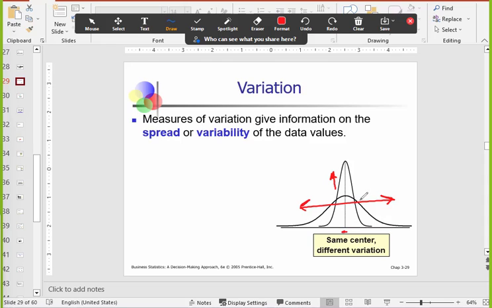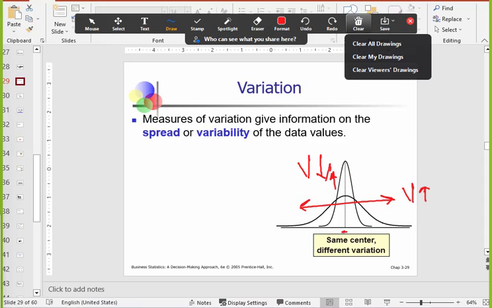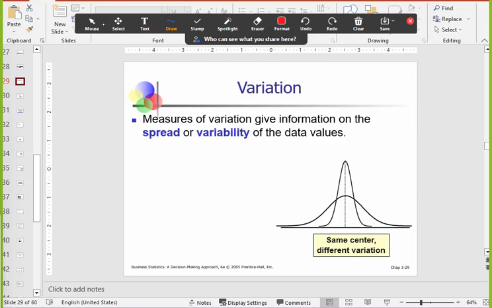So data which has high width will have high variation. The data which has a high peak will have low variation. So this way we describe the variation in the data. The shape will determine the variation.